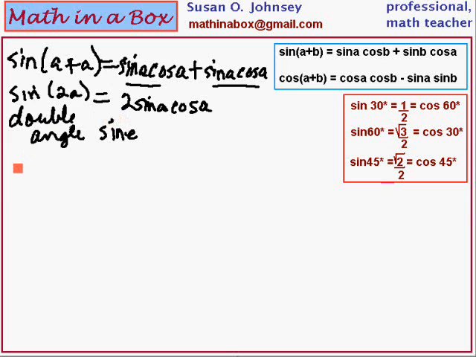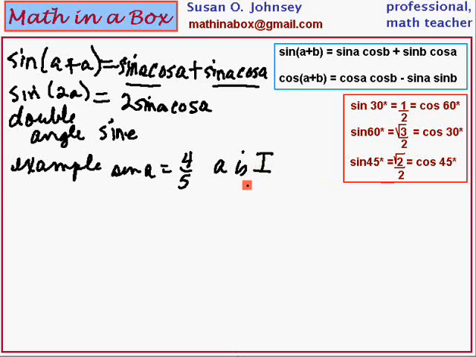Now let me give you an example of how we can use this. If we know that the sine of an angle A is, say, 4/5, and we also know that the angle A is in the first quadrant, which means it's between 0 and 90.